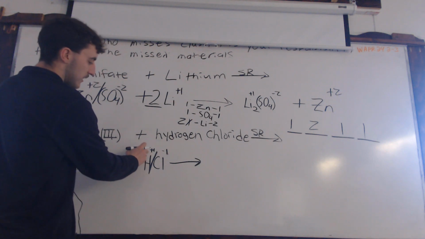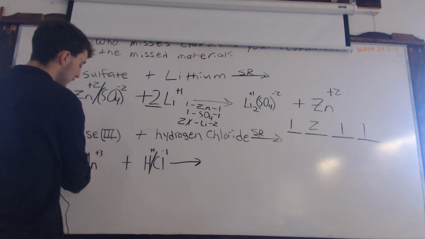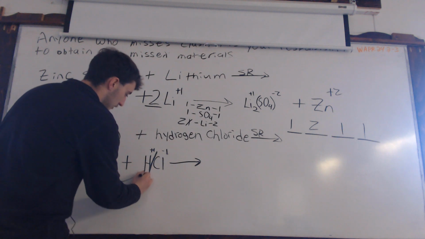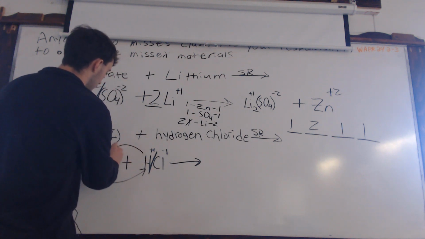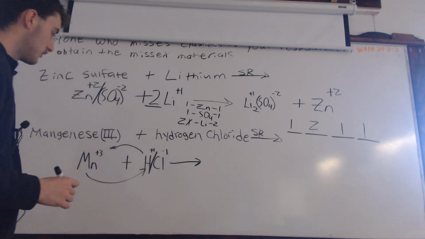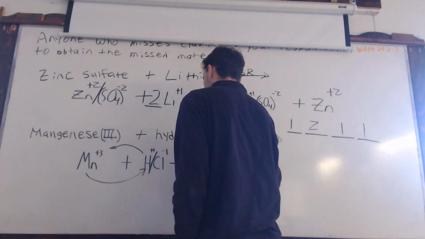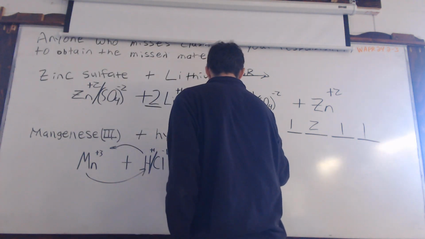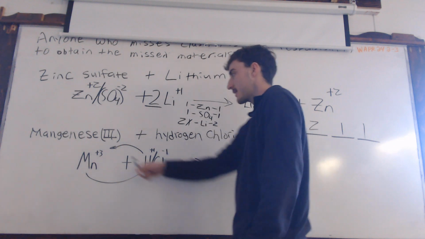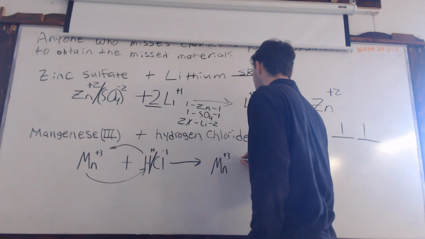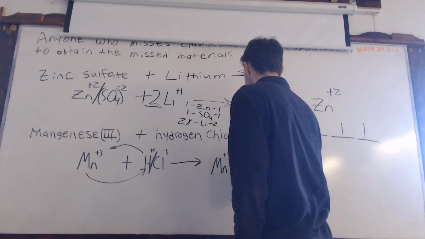So again, hydrogen is positive, manganese is positive. So this manganese is going to hop in right there, and the hydrogen is going to come out the other side. So we'll have manganese, Mn, which is a positive 3, right? Manganese 3, chloride, negative 1.